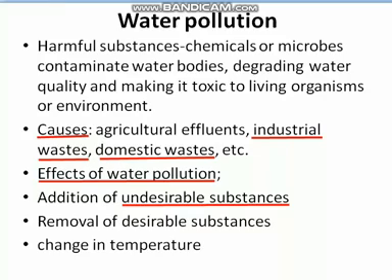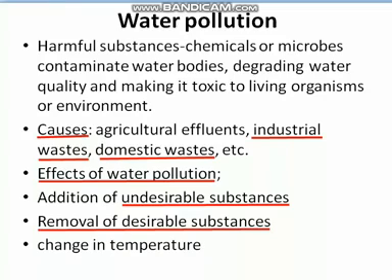The other thing is removal of desirable substances, those substances which are important to maintain the quality of water. When these substances are lost, when they are removed, this is also an effect of water pollution.